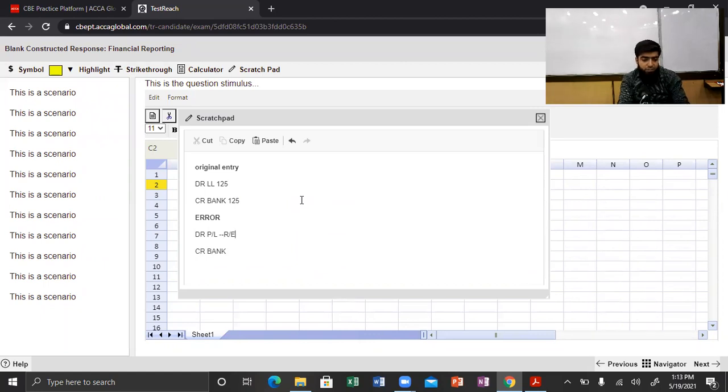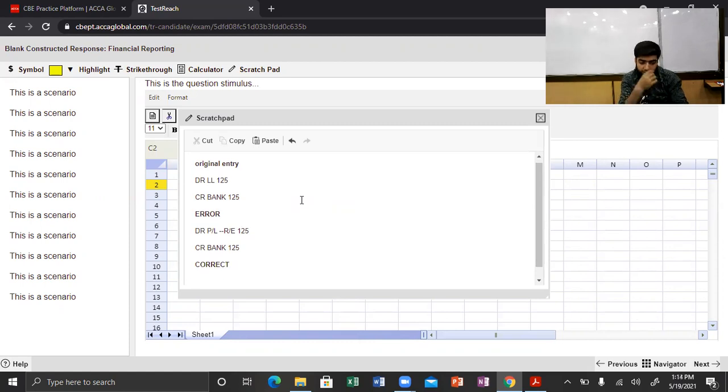Now what adjustment is required if we correct this error? What is going to be the correct entry?